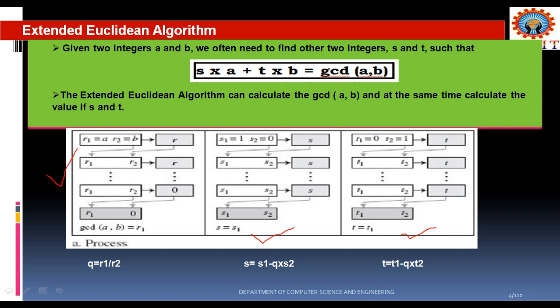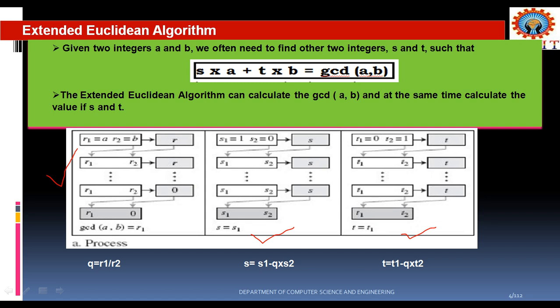Here, once again, I am explaining how to find the GCD value using this part. Assume R1 is equal to A, R2 is equal to B. Then Q will be R1 by R2, the quotient after dividing R1 by R2, and R is the remainder after dividing R1 by R2.